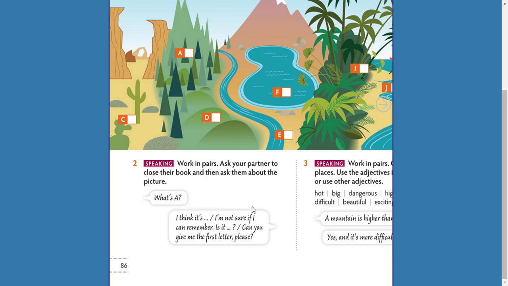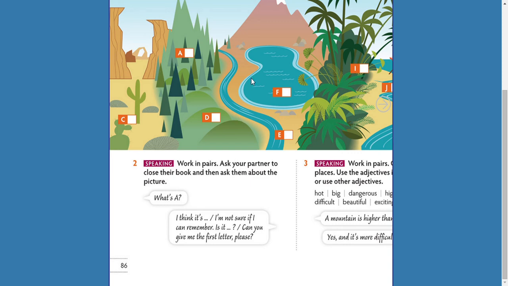I'm not sure if I can remember. Can you give me the first letter, please? It's like a guessing game. For example, I don't remember. Can you help me? Yes, it starts with letter F. Forest.